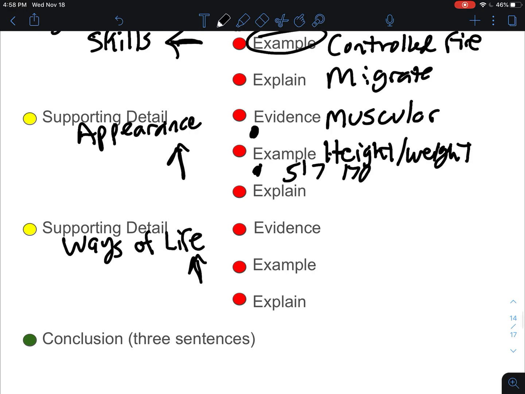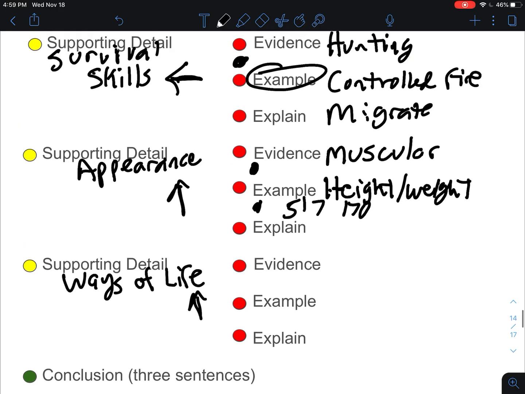And then for ways of life, in other words, things they did in their life to show they were developed that don't fall under appearance or skills, or survival skills. So maybe remember it talked about sewing. Okay, that's a way of life. The fact that they shared a common language shows that they were developed, right?